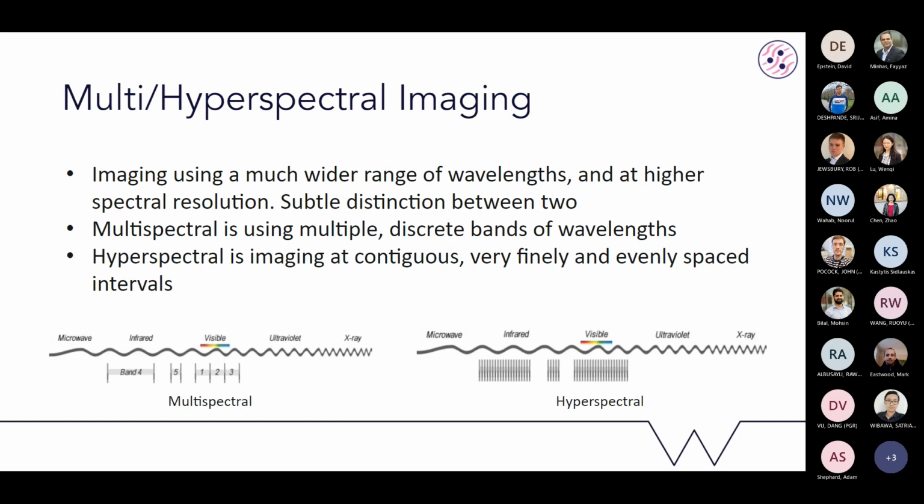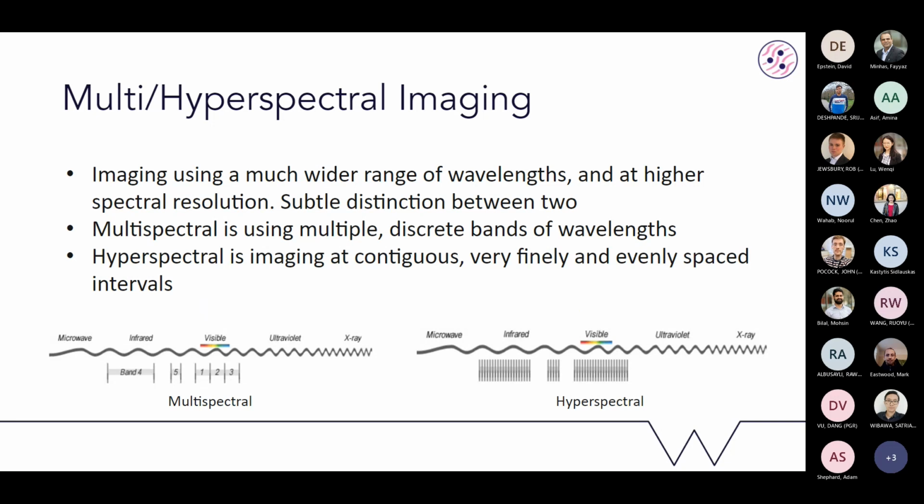So the first thing I'm going to talk about is multi and hyperspectral imaging, and that is basically just, instead of imaging with just these 3 RGB channels, you're going to try and image at a higher spectral resolution, potentially outside of the visible range, or, as I said, just more bands within the visual range.